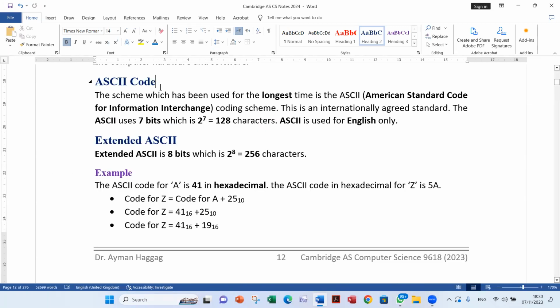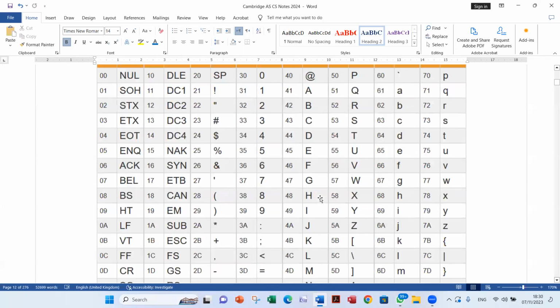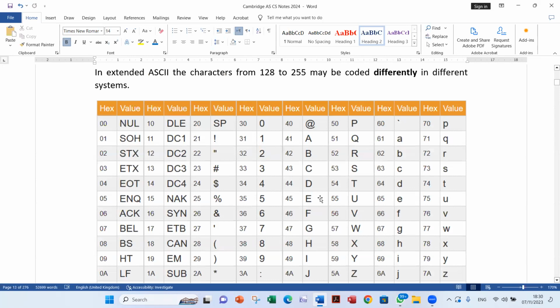ASCII code is 7 bits. Then it can store 2 to the power of 7 distinct characters, and that's it, 128 characters. And this is the picture of it. This is the standard ASCII. If you count them, they are 128 characters.